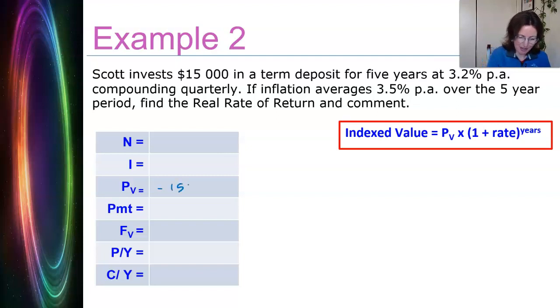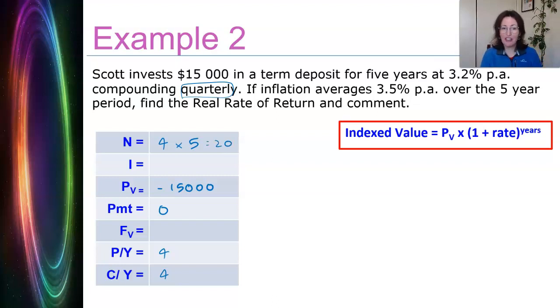Put it in our principal value amount as a negative because it's going away from him. Payments are 0. For 5 years, he does that, so that's up at our N, but how often is it compounded? Quarterly. So that quarterly, how many times a year? 4. So that's at the PY and the CY, and also here is our N. It's 4 times the number of years. 4 times 5 is 20 for N.